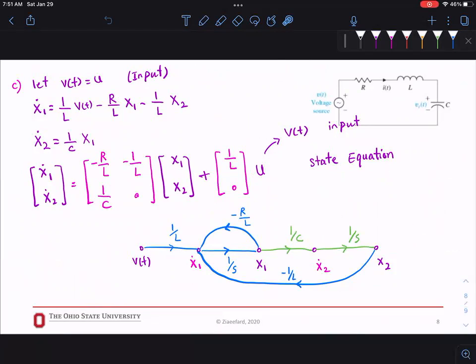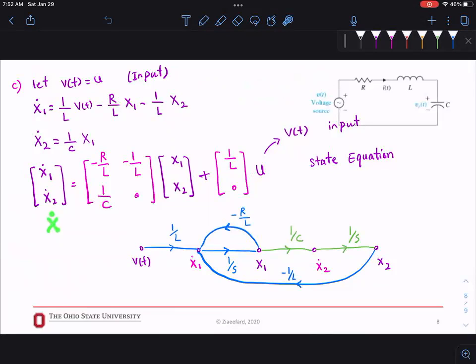So from this, I'm going to form this equation again. Remember that the state variable equation should look like x dot equals Ax plus Bu, it has to look like that. Our x dot is x dot 1, x dot 2, because our x is x1, x2.